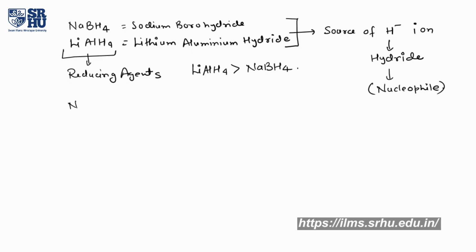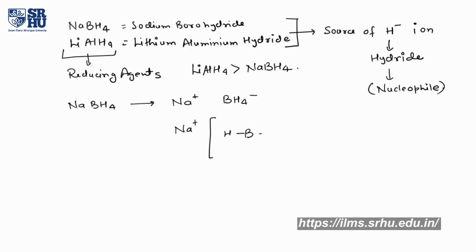Let us take sodium borohydride first, NaBH4. It is basically made up of two ions, sodium ion and borohydride ion, BH4 minus. The structure of borohydride ion is as follows.